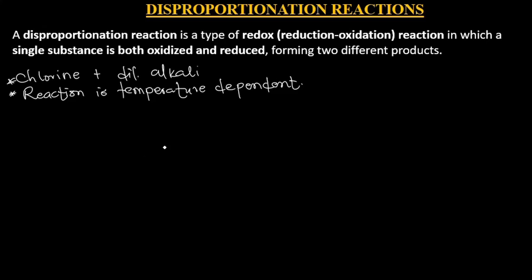So let's see what exactly happens if we react chlorine with sodium hydroxide. You need to take note that this reaction is occurring around 15 degrees Celsius. That is in a cold condition.